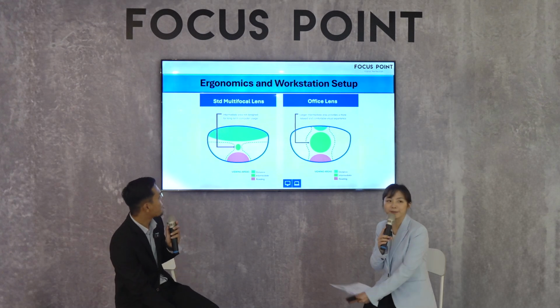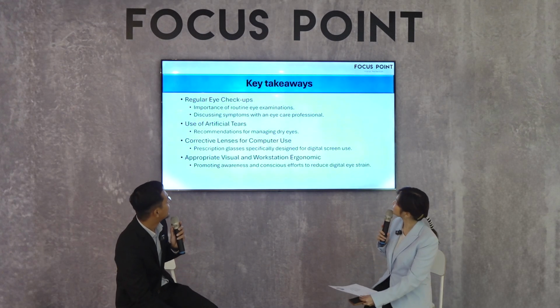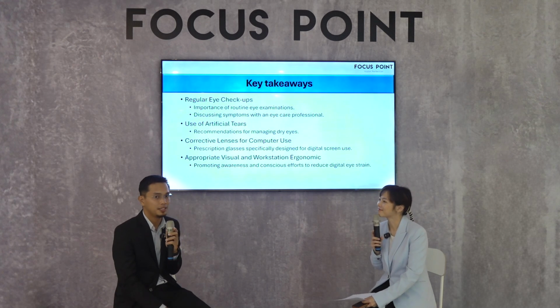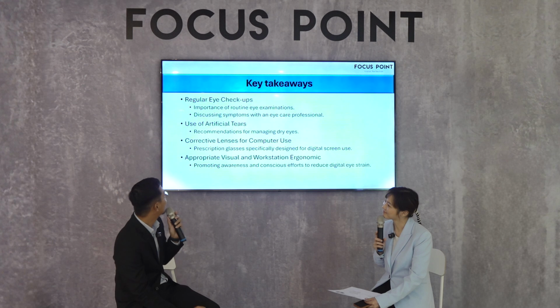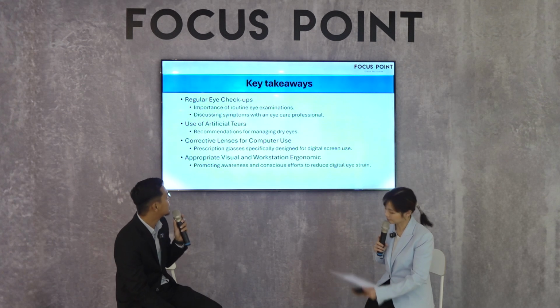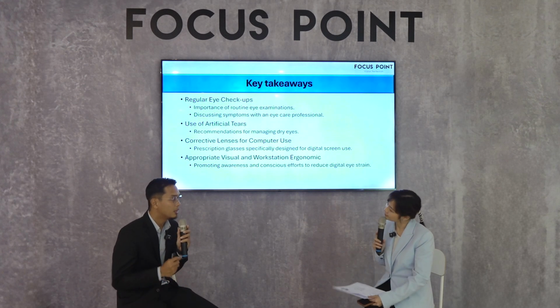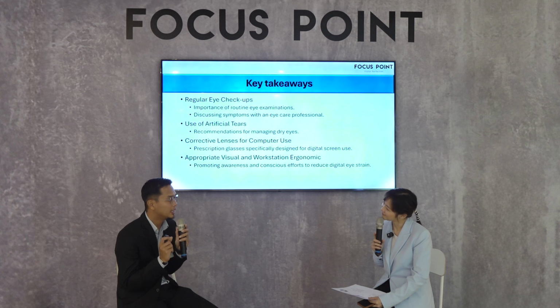So the last one is a key takeaway, some take-home messages. Make sure you have a regular eye checkup. Regular eye checkup is very important, because by doing a regular eye checkup, we can detect any abnormalities happening. Maybe you didn't feel it before, but you feel it now.